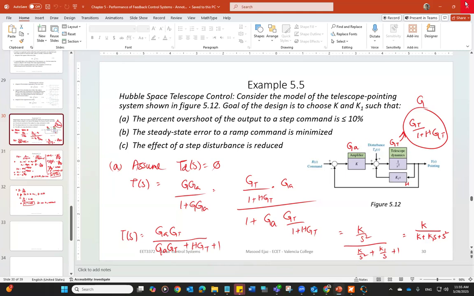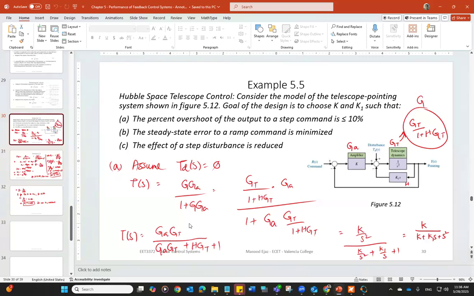A few requirements of the system were given to us. The three requirements: the percent overshoot of the output to a step command maximum should be 10% or less than 10%. And the steady state error due to a ramp command is minimized, and the effect of a step disturbance is reduced.